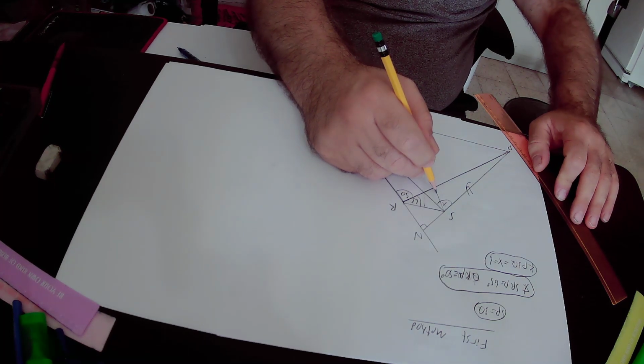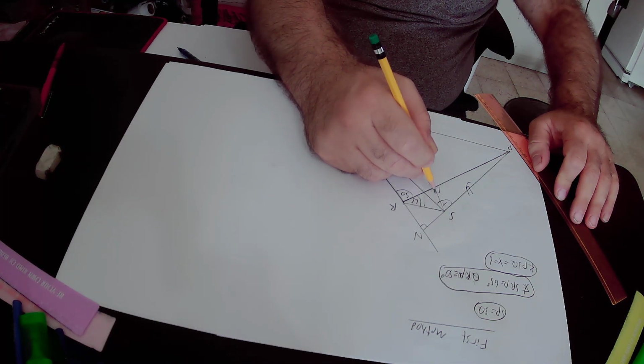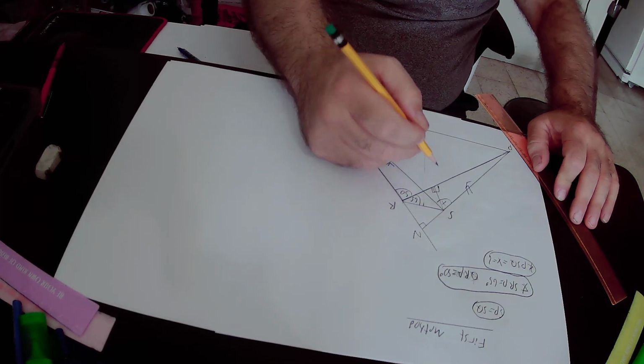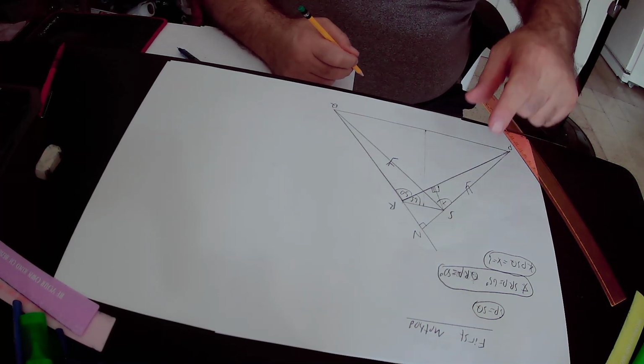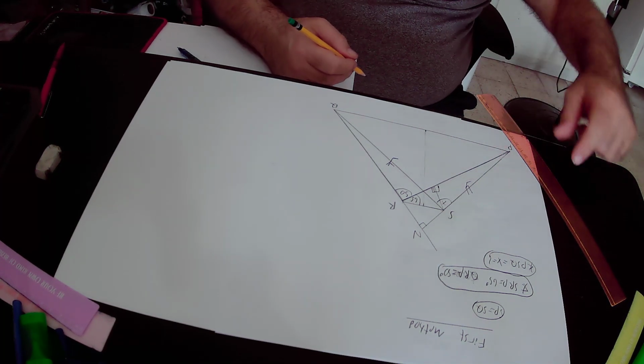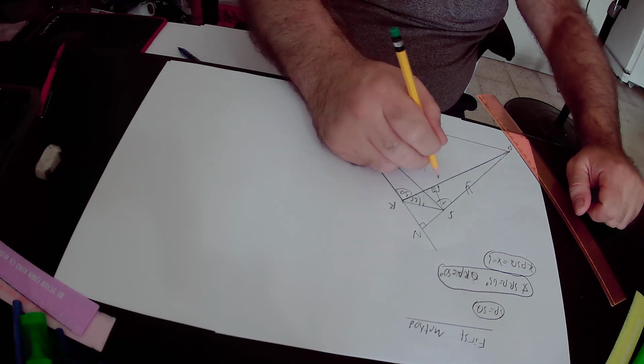So this angle equals 90 degrees, and this angle is also a right angle. And we will define the touching point of the perpendicular to PR as point M.